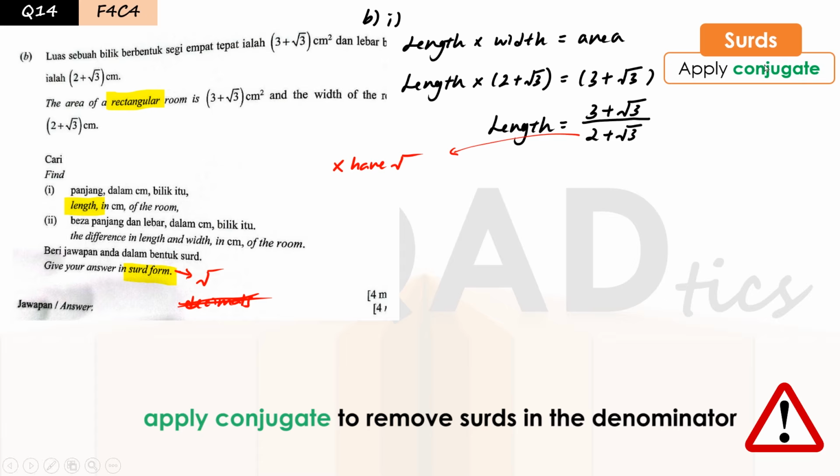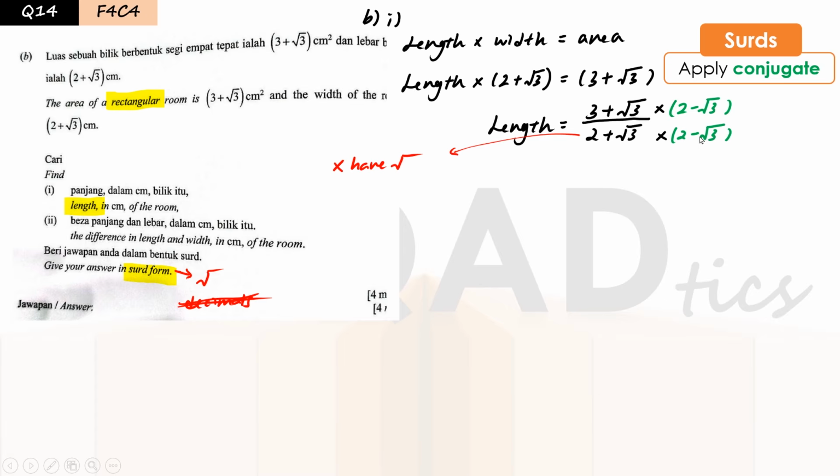Since here is a positive surd, we are going to apply its conjugate, which is the negative surd. The value 2 here does not change. We only change the sign of the square root. So this would be its conjugate, the opposite version of the surd here, from positive to negative.